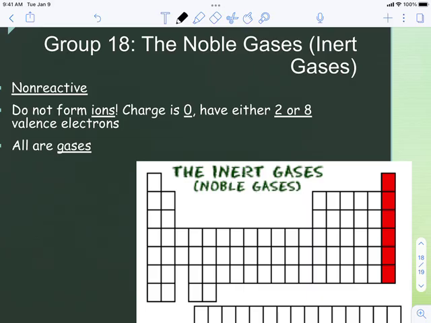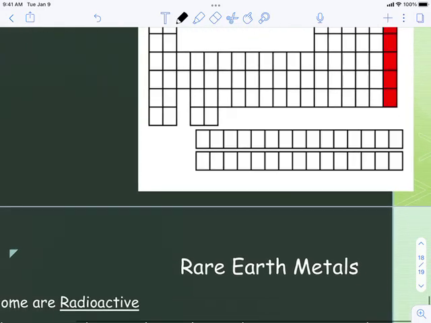They are happy with their shell. So they don't react. They don't form ions, and they're called the noble gases, so they are all gases. This will start with helium. So group 18, you want to know they're called the noble gases, and they are inert or non-reactive.